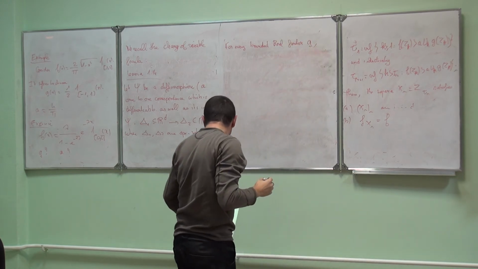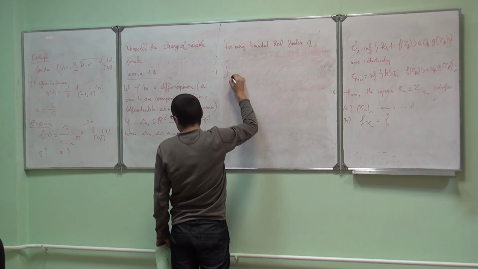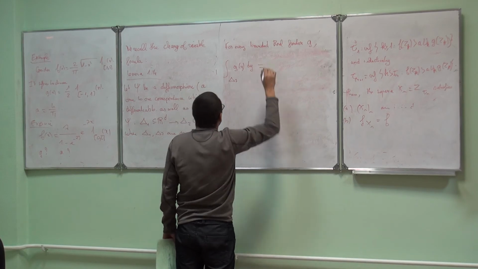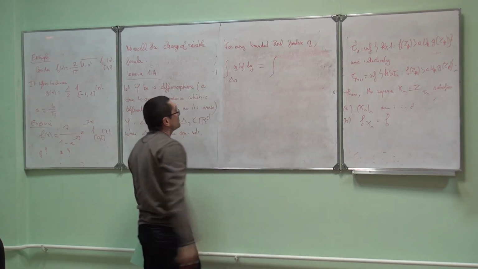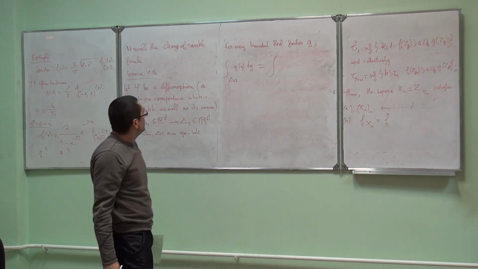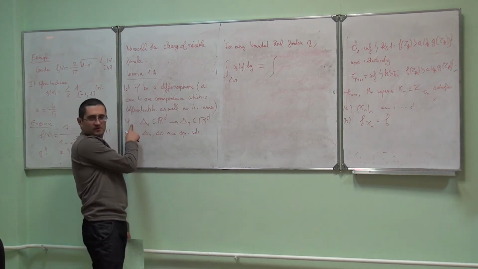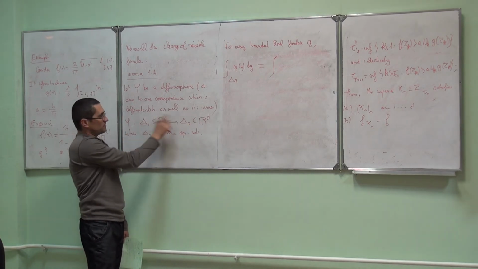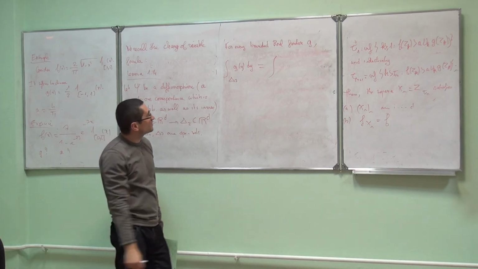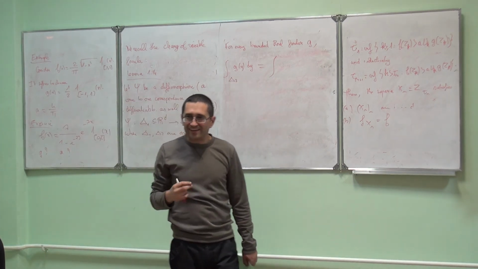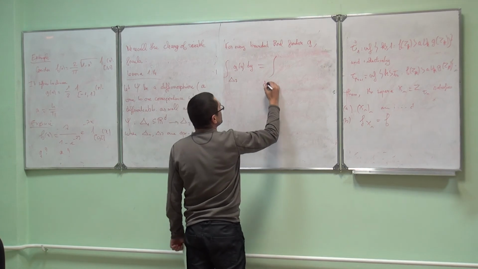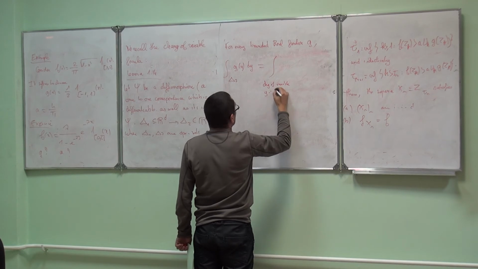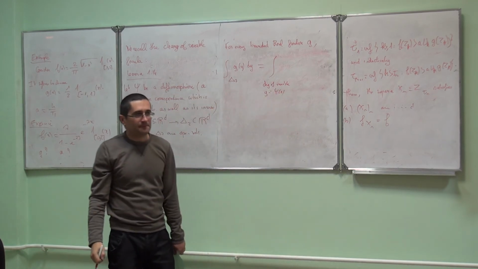g, the integral on delta 2 of g of y dy equals, now to get the formula, we imagine that y equals psi of x, because psi takes its values on delta 2. The change of variable is given by y equals psi of x. Okay?